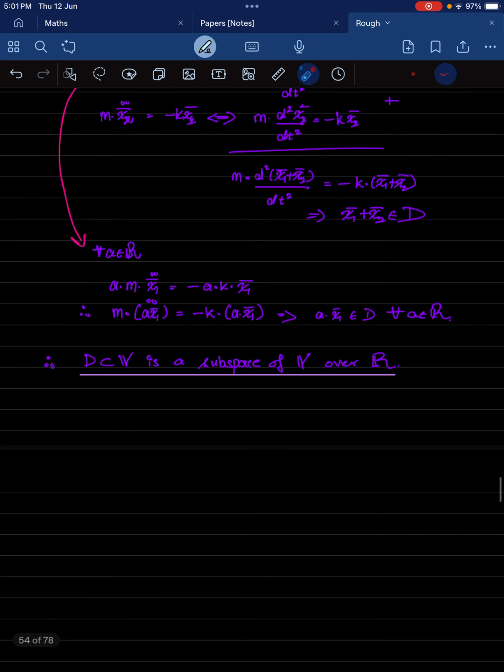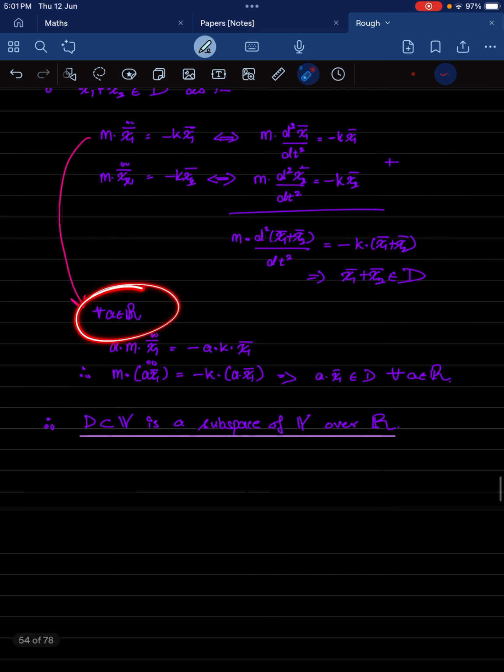It does. Now similarly, if we have any scalar A, then just multiply A on both sides of this equation. Pretty simple. A times m times x1 double dot is minus A times k times x1. Now just rearrange the terms a bit. So A times x1 double dot is the same as A times x1 whole differentiated twice. Alright, and in the RHS, we just club A and x1 together.